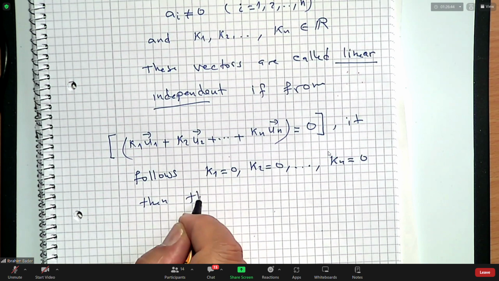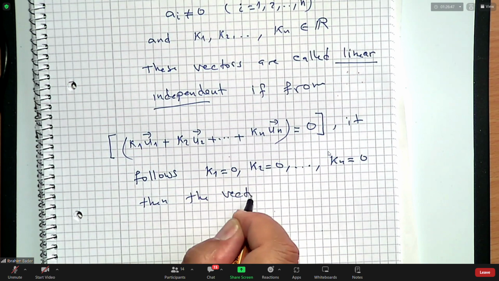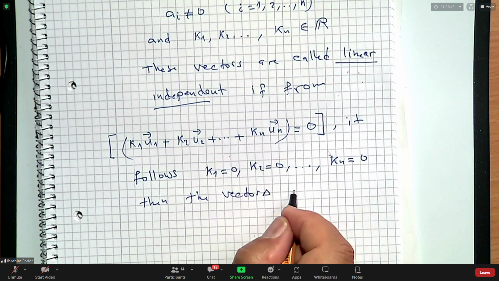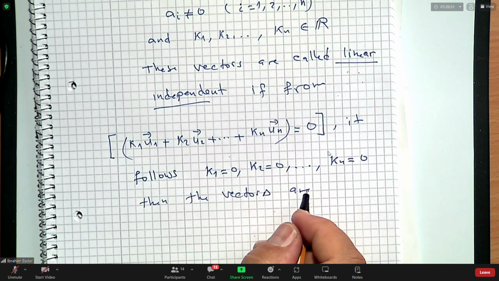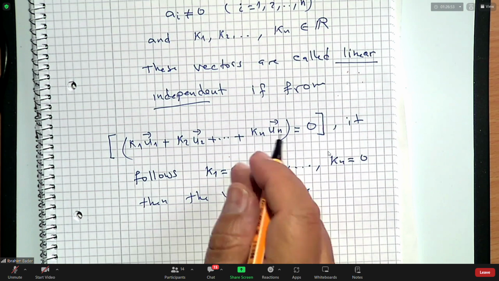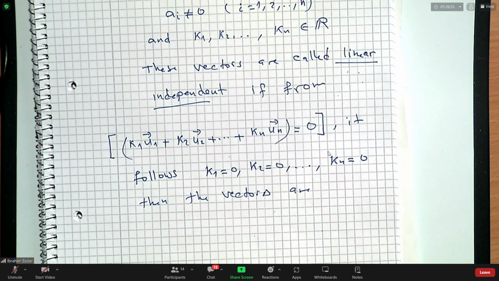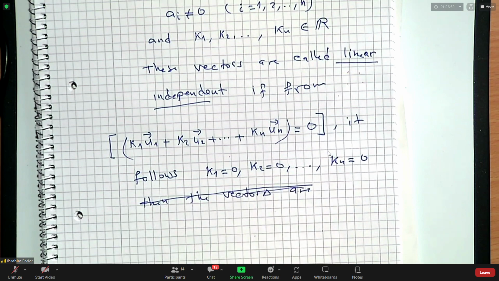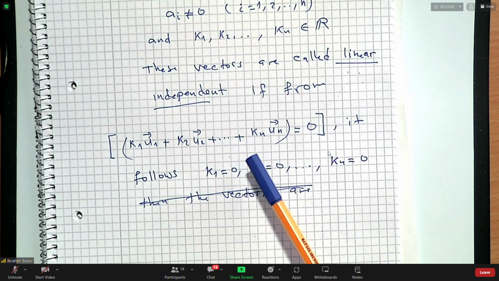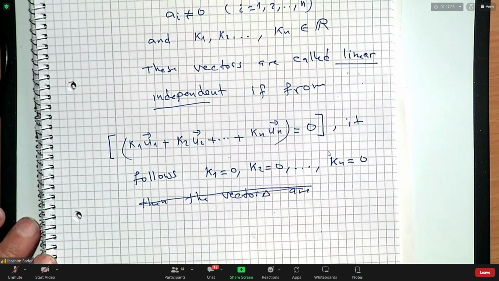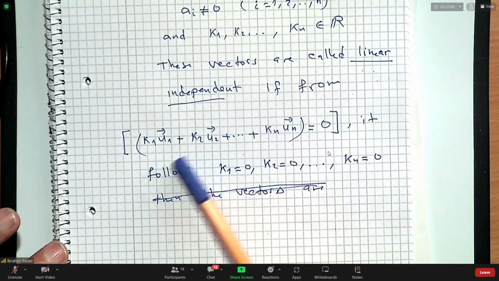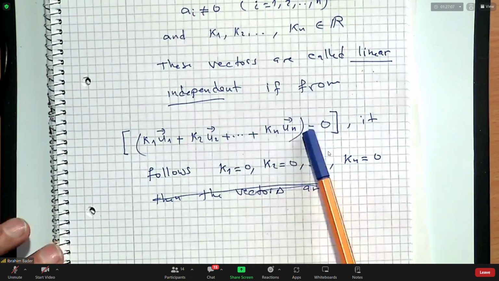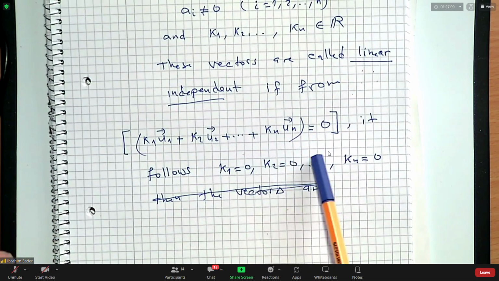So the vectors are called linear independent if a linear combination of these vectors equal to 0 forces the constants to be 0 rather than the vectors.